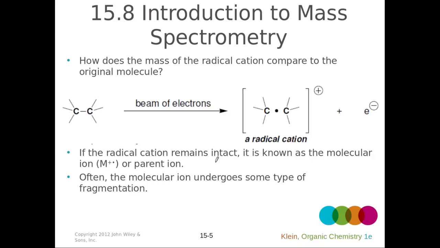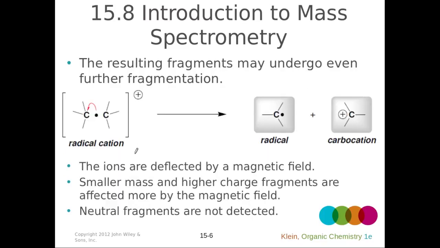So we get the molecular weight of the molecule as the parent ion. And usually that molecule is also going to undergo some type of fragmentation, and we'll see that fragmentation pattern also as part of the spectrum. So we're going to see hopefully the parent ion intact, and we're going to see parts of the molecule also in the spectrum, so fragments of the molecule.